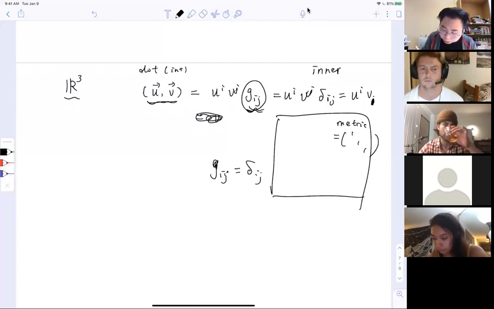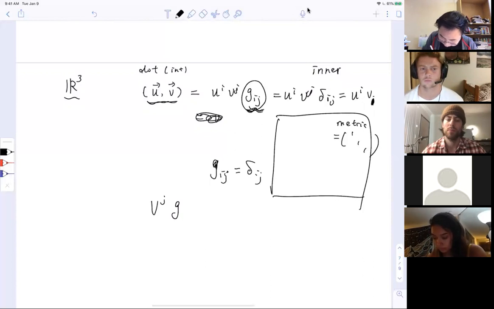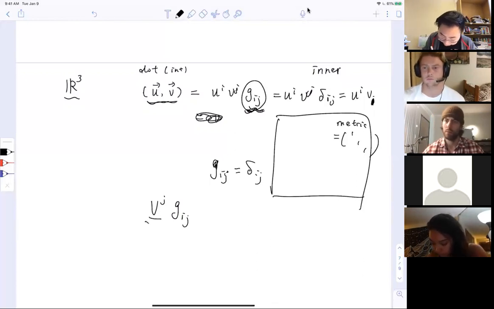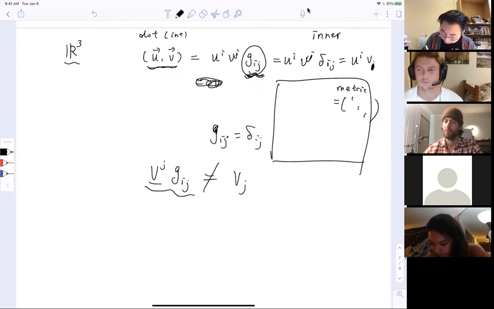To make a lower index vector, you should start with an upper index vector. You should always combine this vector with the metric of that vector space. In general speaking, this guy is not equal to V^i.